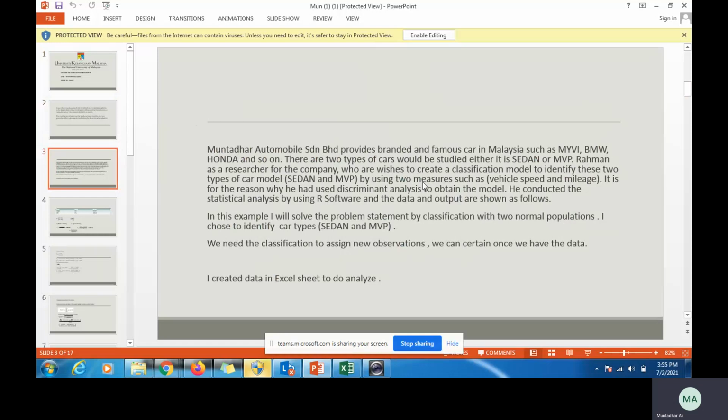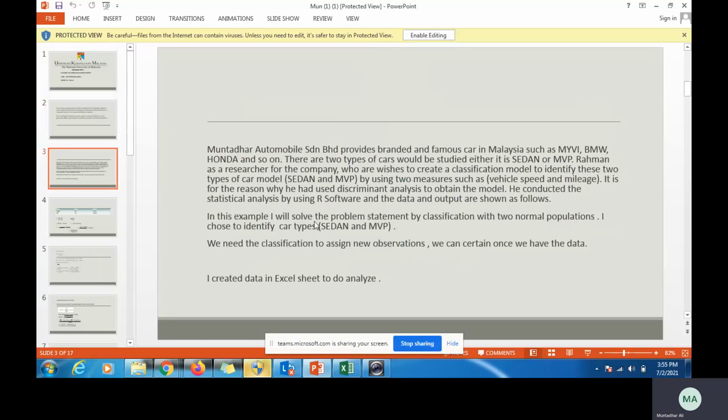Rahman, as a researcher for the company, wishes to create a classification model to identify these two types of car models, sedan and MPV, by using two measures, vehicle speed and mileage. It is the reason why he used discriminant analysis to obtain the model. He conducted the statistical analysis by using R software, and the data and output are shown as follows.